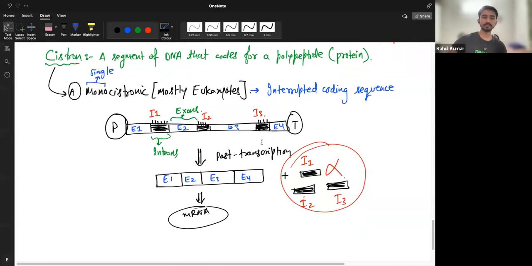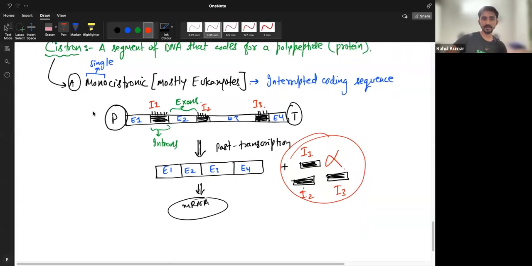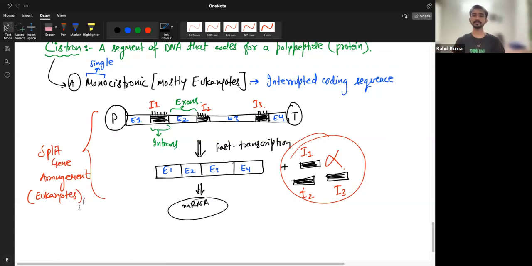So this is called split gene arrangement. Is it clear, everyone? And it's present in eukaryotes like us. It's more complex. And this complicates the definition of a gene with respect to the sequence. Okay. Make sense, everyone?